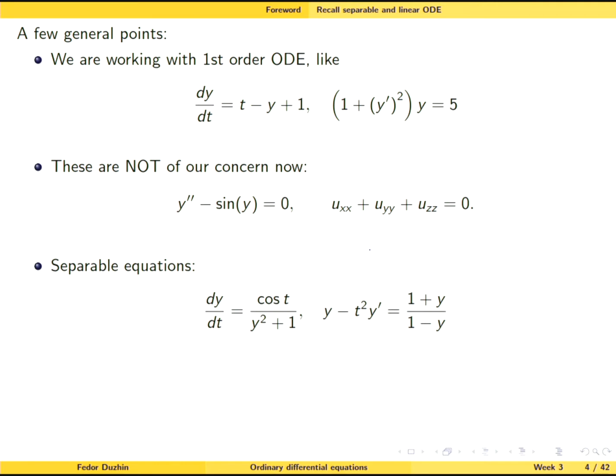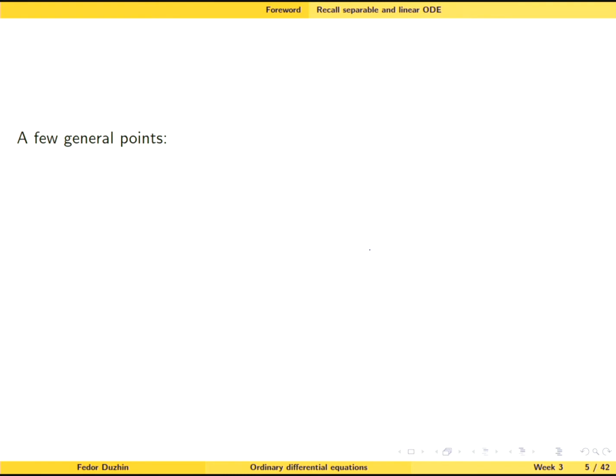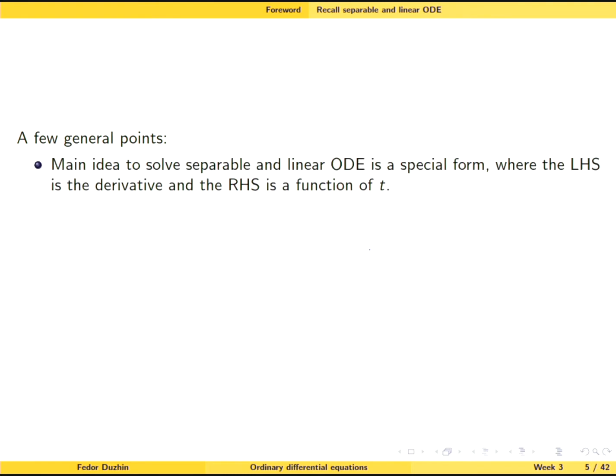In week 2, we learned how to solve separable equations and linear equations. And the main trick to solve both separable equations and linear differential equations is to put them into a special form and then to do integration.